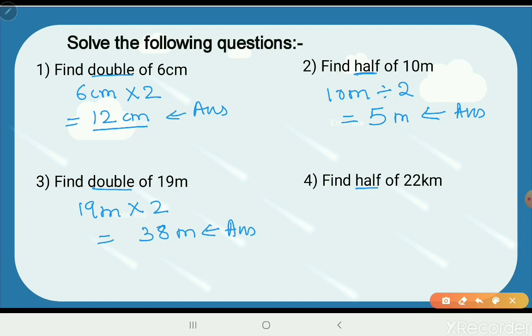Again, half means you should remember divide by 2. So 22 kilometer divided by 2. When you divide 22 by 2, you get your answer as 11 kilometer. So half of 22 kilometer is 11 kilometer.